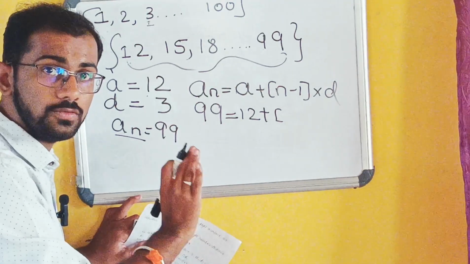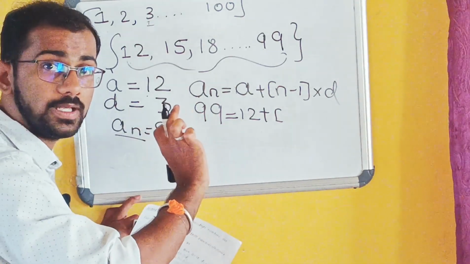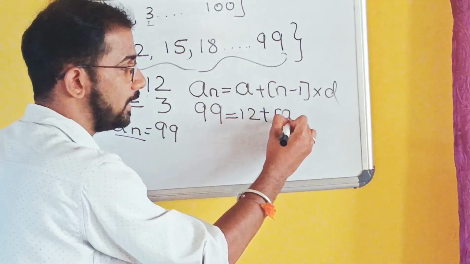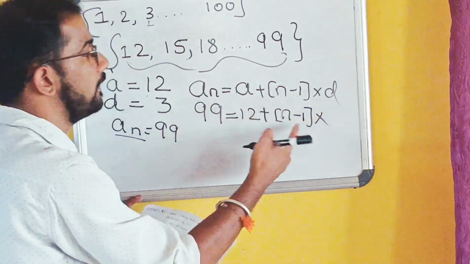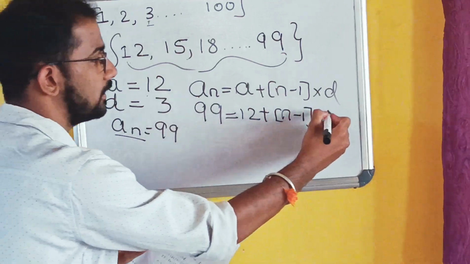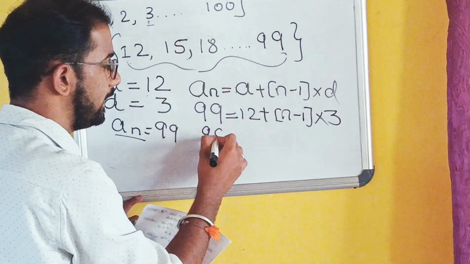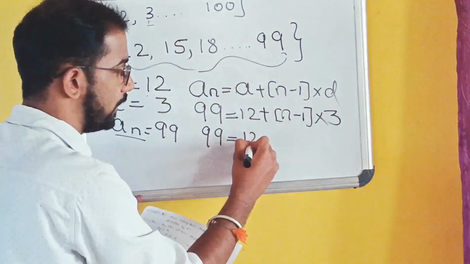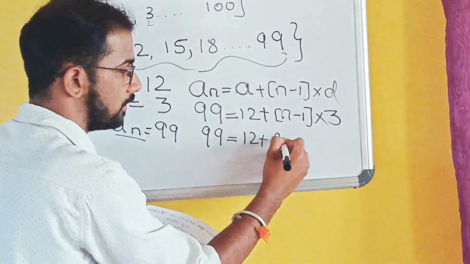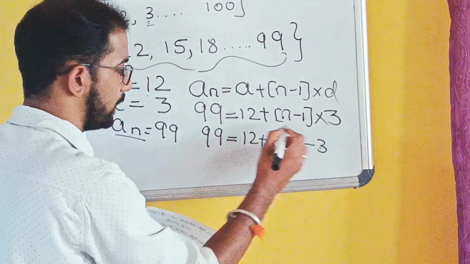We don't know n, the number of terms, so keep it as it is. We have d as 3. So 99 equals 12 plus 3n minus 3.